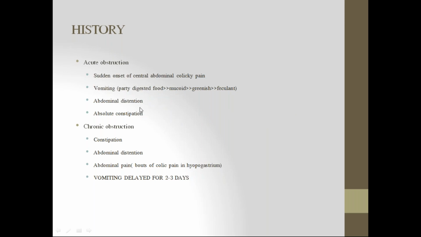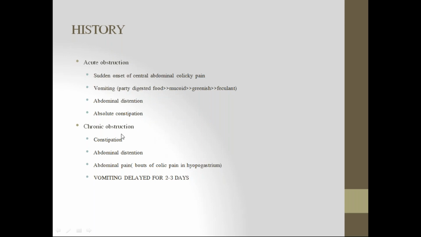There will be abdominal distension, and the patient cannot pass stools, which is absolute constipation. In severe cases, the patient cannot even pass flatus, which is known as obstipation.